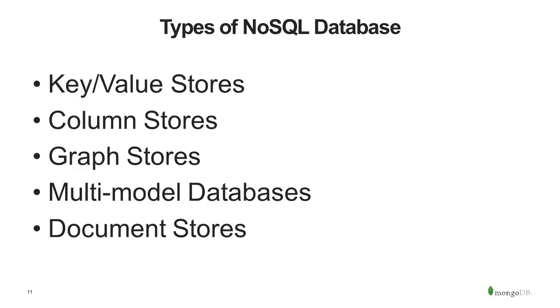Well, there's basically roughly, and people will slice and dice on this quite a bit, 5 main types of databases you're going to see in the NoSQL world. And I'm going to go through each of these in turn, but effectively they are key value stores, column stores, graph stores, multi-model databases, and document stores. MongoDB is a document database, and I'll talk in detail about what we mean by a document database at the end of the talk.